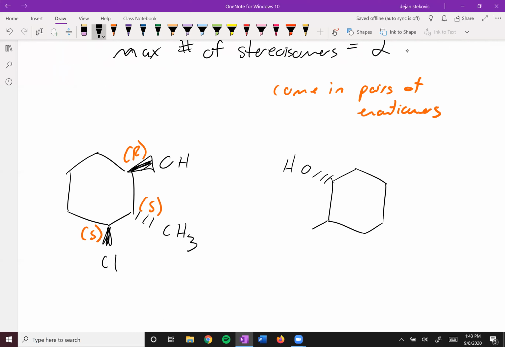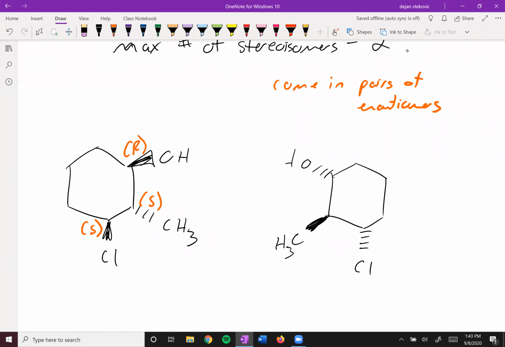OH, CH3, and Cl. And so you might be thinking, oh, okay, we got 2 wedges and a dash. Maybe they're enantiomers, right? They both have 2 up, 1 down, or vice versa. We can go ahead and label these stereocenters, right? This is an R. This gets an S, and this gets an S.